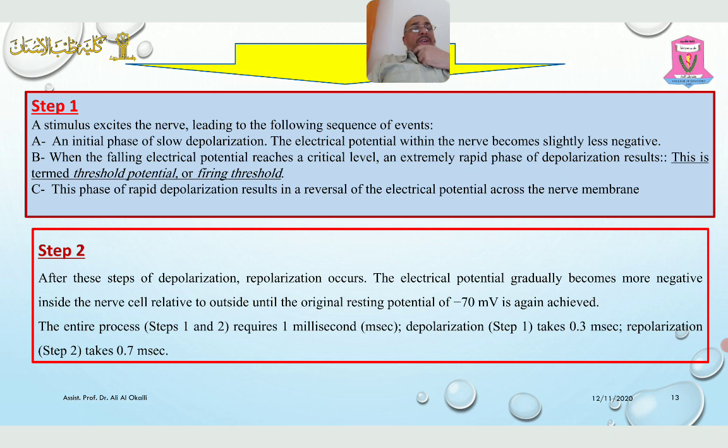Step 2, after these steps of depolarization, a repolarization phase will happen. The electrical potential gradually becomes more negative inside the nerve cell، اللي هو الوضع الطبيعي relative to the outside, until the original resting potential حدود minus 70 millivolt is again achieved.